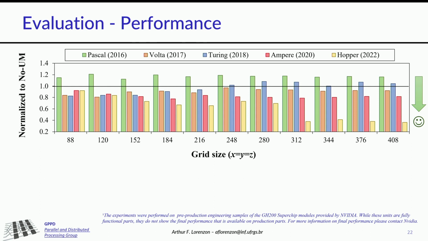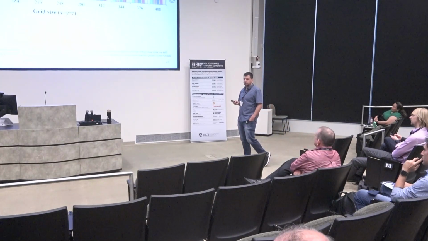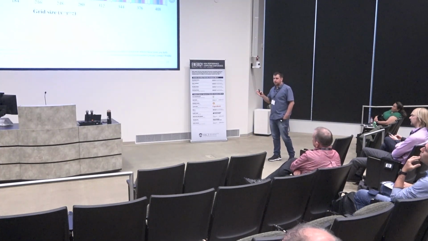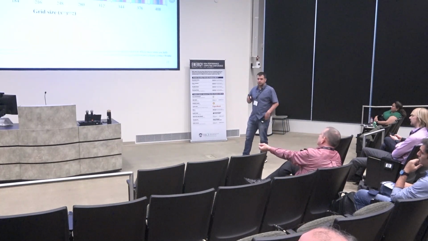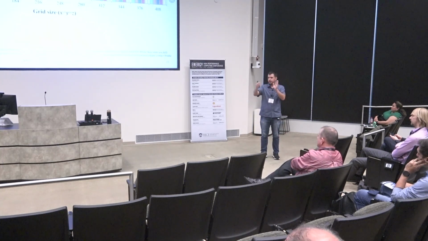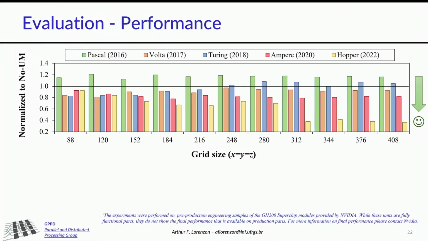So the main point here that we can see is that for all executions on Pascal, the hand-tuned version will deliver better performance than the unified memory version. And here, it may be an interesting point because the version that we are using is very well optimized for the Pascal architecture. So we took the same implementation from the Pascal and ran it on different GPUs. Okay, but we can see that across different generations, the unified memory has improved the performance of the application.